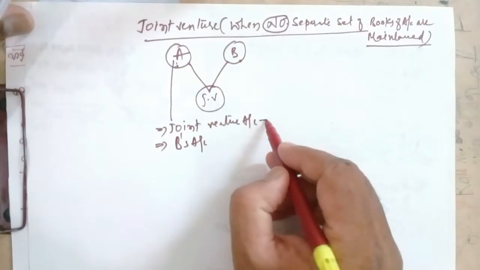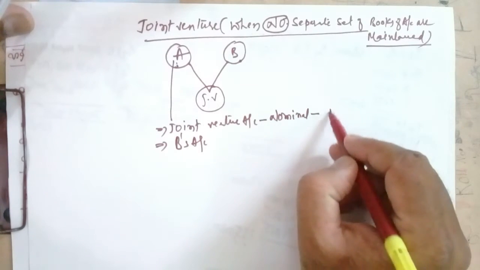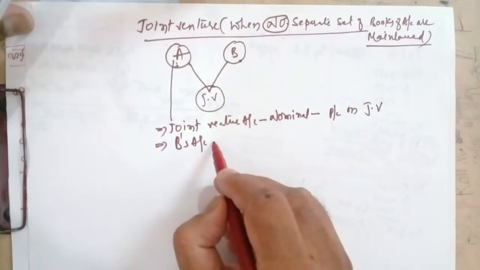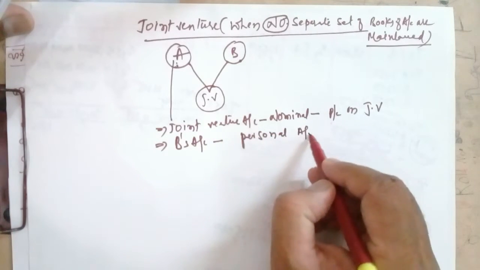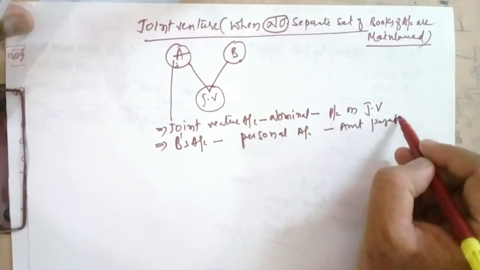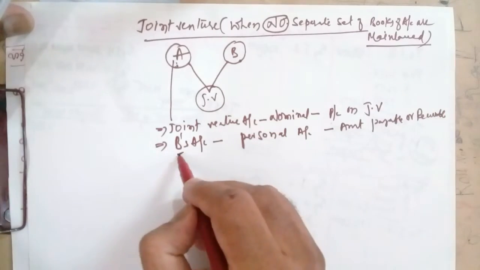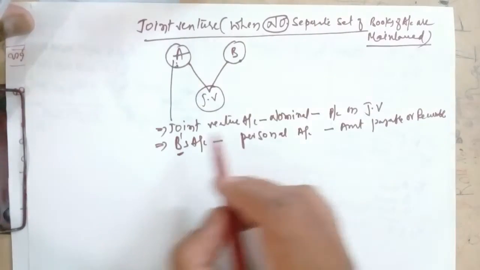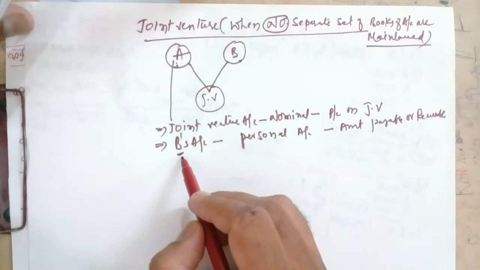The joint venture account is a nominal account maintained to calculate profit or loss on the joint venture, whereas B's account is a personal account maintained to calculate the amount payable or receivable from B. In the same way, B will maintain a joint venture account with A and A's personal account.